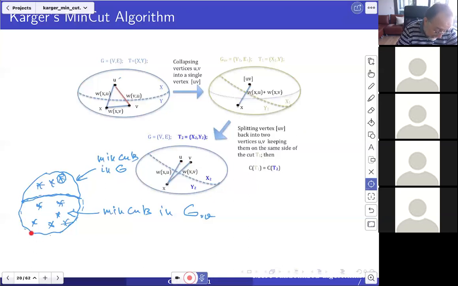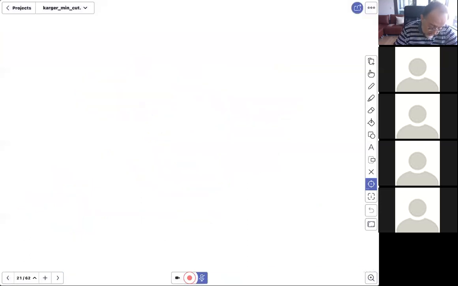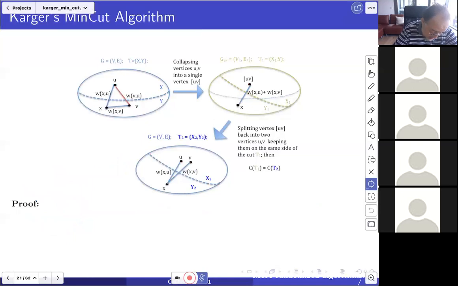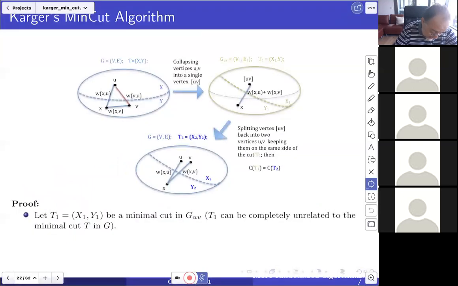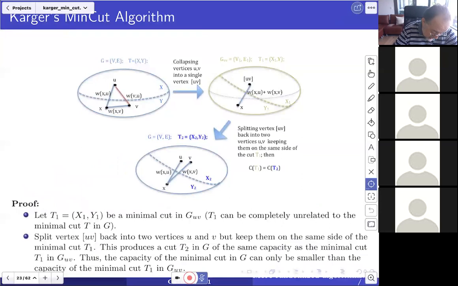So the choice of cuts in G is larger than the choice of cuts in G_UV, and consequently the smallest element of all in this larger set can only be smaller or equal than the smallest element in the smaller set. So this is just the proof that I just explained to you.